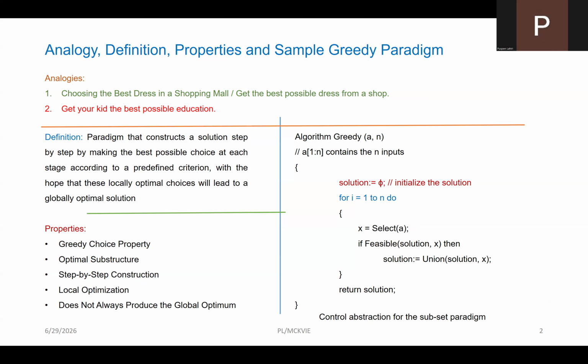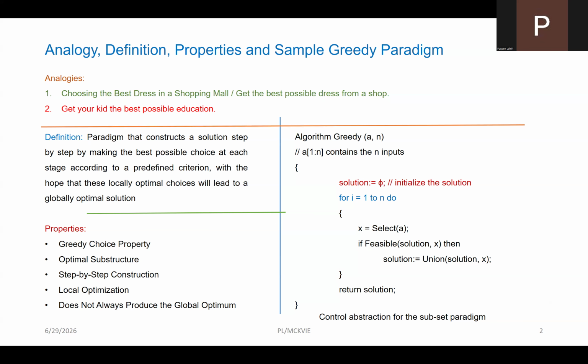But the principal objective of the greedy paradigm, from its definition, is that it constructs a solution step by step, by making the best possible choice at each stage according to some predefined criterion. So you are choosing local optimal choices which will ultimately lead you to the global optimal solution. Okay.